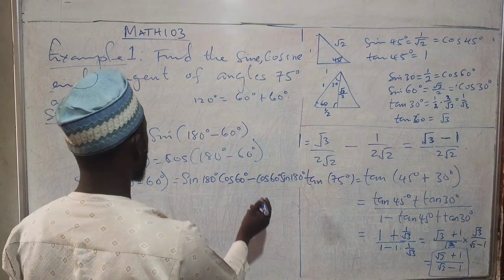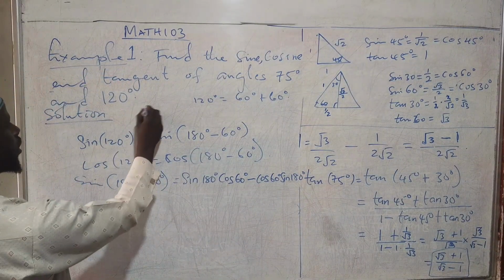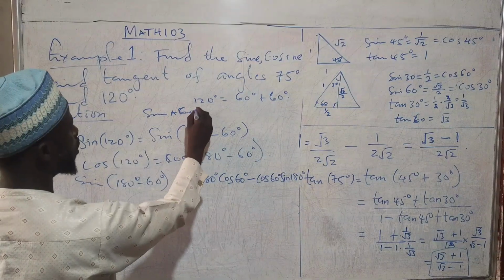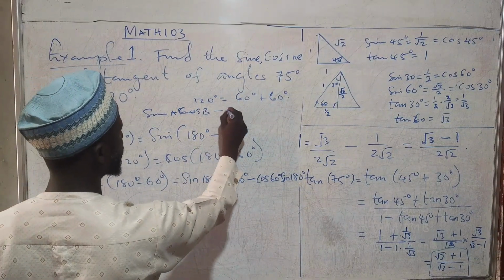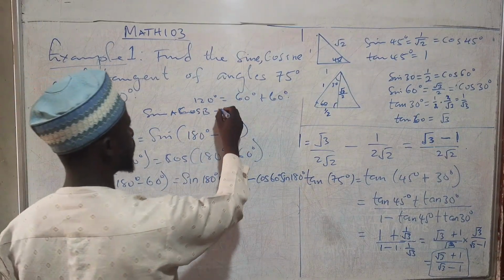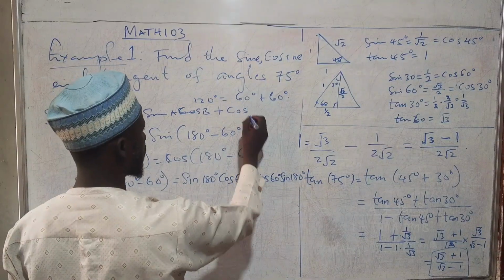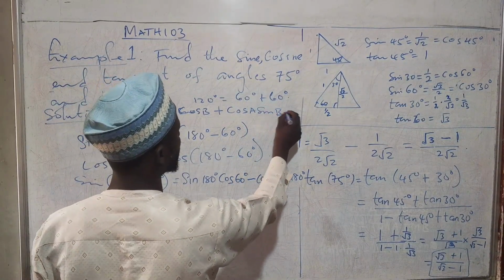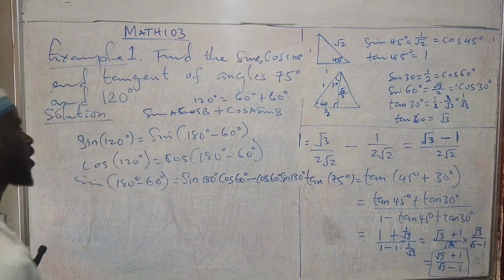So actually we know that the equation is sine A plus B is equals to sine A cos B plus cos A sine B. So actually here is minus, so this is how to go about it.